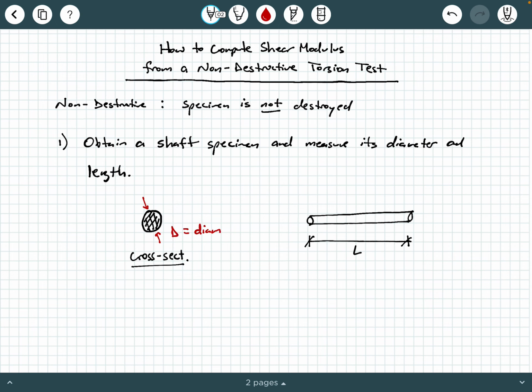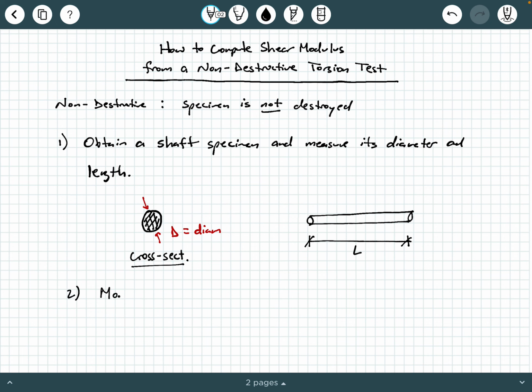Okay, and so what you do is you set the specimen up inside of some type of apparatus. There are all kinds of apparatuses out there that you could use to mount your specimen in. So in step two, I'm just going to be generic.